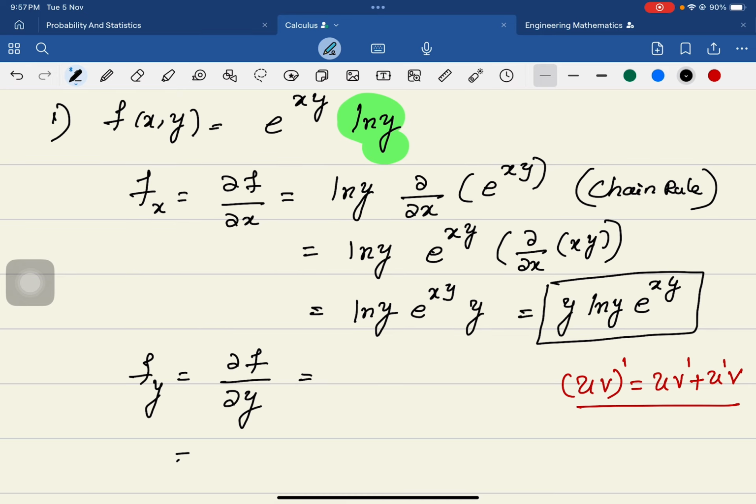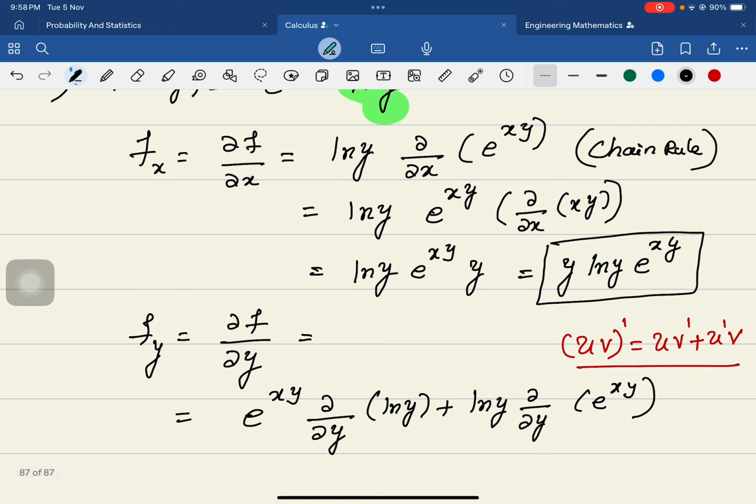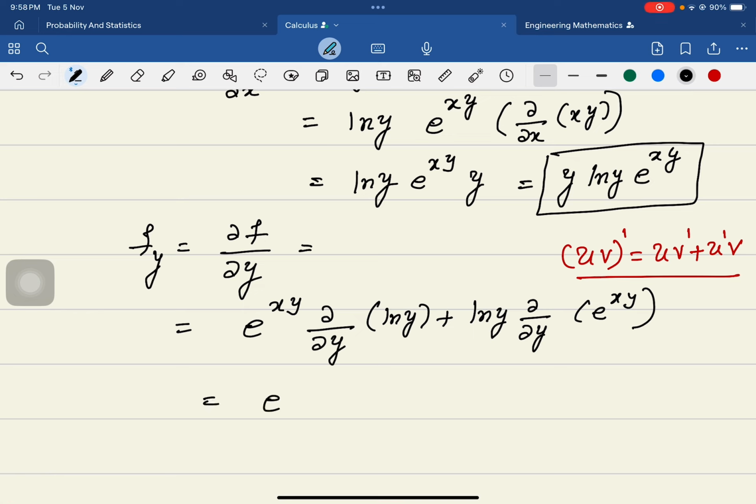Your function here is e raised to xy times dou by dou y of ln y plus ln y times dou by dou y of e raised to xy. So now let us do the differentiation for this. E raised to xy times the derivative of ln y, which is 1 over y, and ln y times dou by dou y of e raised to xy, which is e raised to xy.